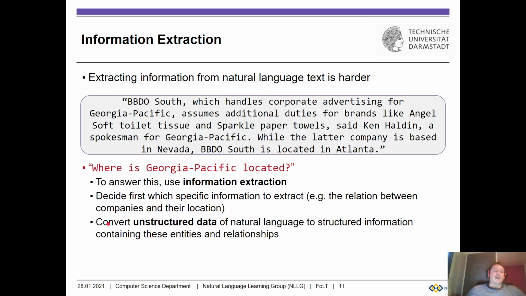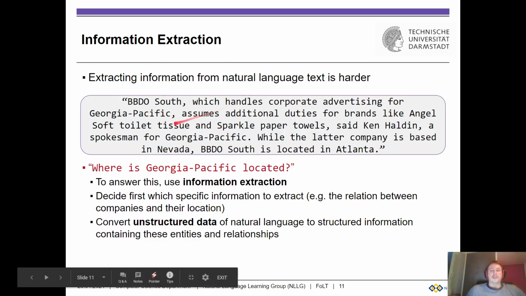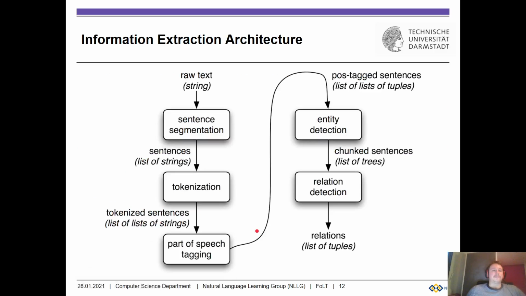And then the second thing is, once we know which information we're interested in, we need to convert unstructured data, so this is the unstructured data, to structured information such as tables, which contain our targeted data, such as the entities that we're interested in, and the relationships between those entities.